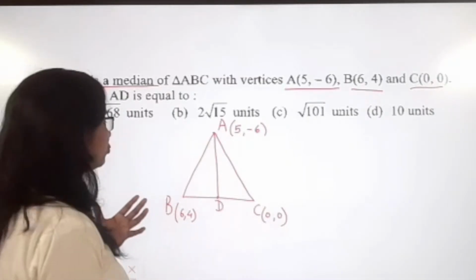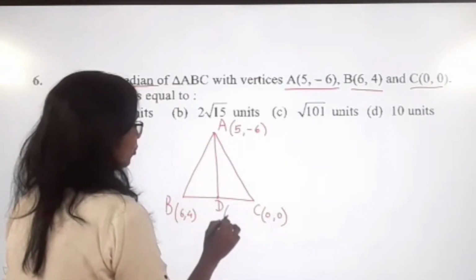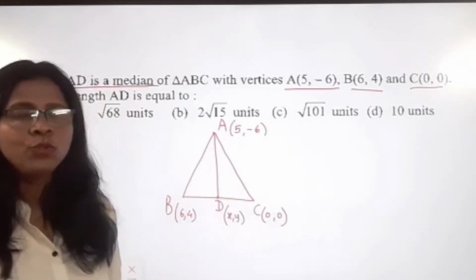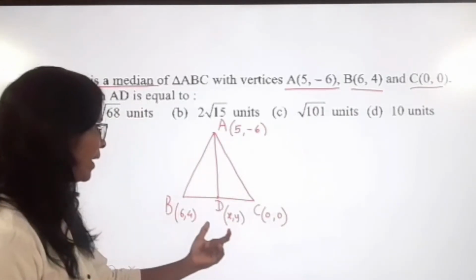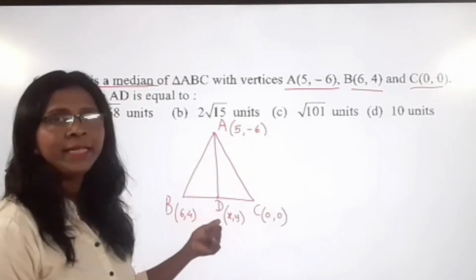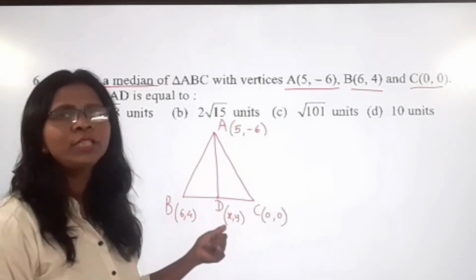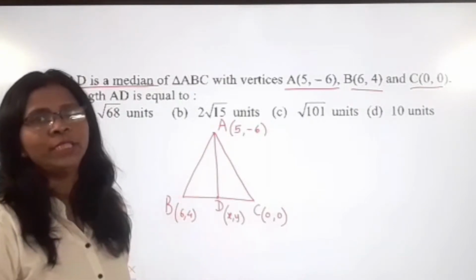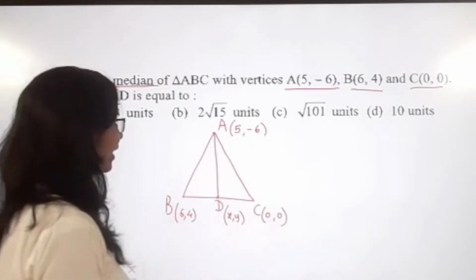Now here, students, we consider the coordinate of this midpoint as (x, y). So first we have to calculate the coordinates of the given midpoint D. So how can we find it?